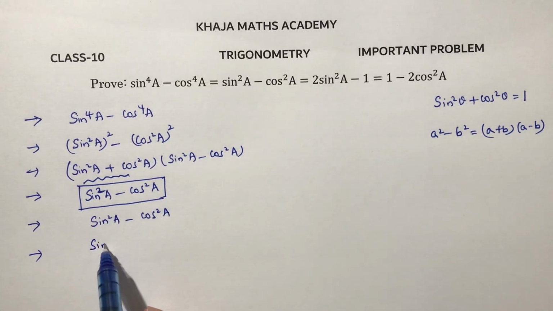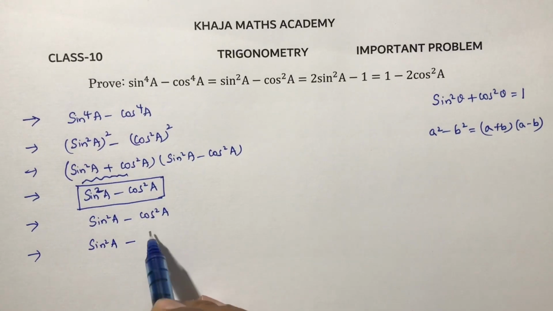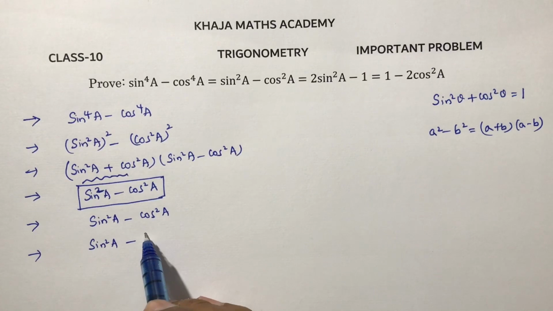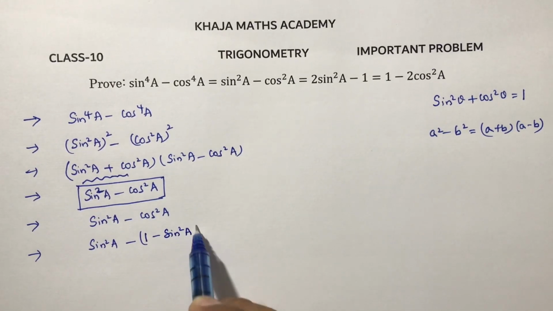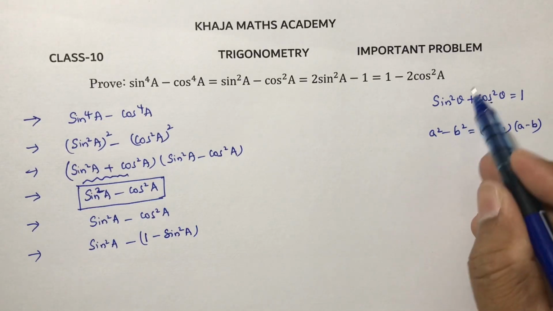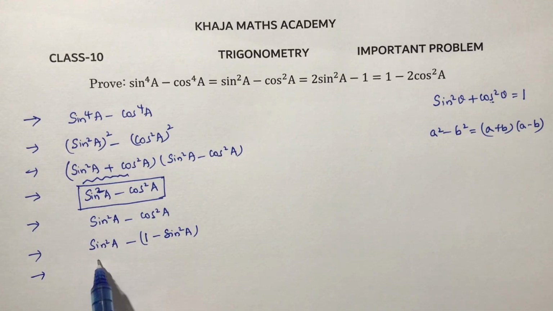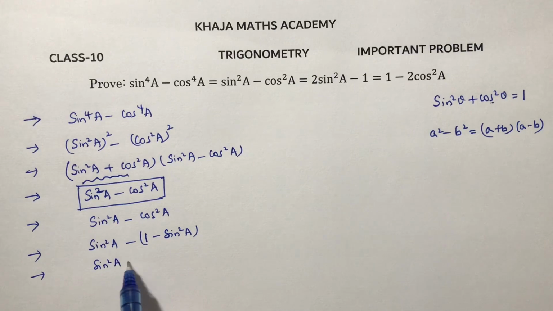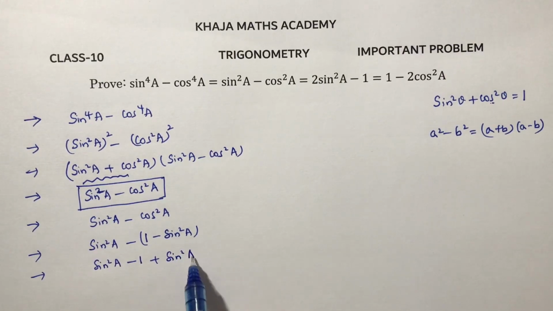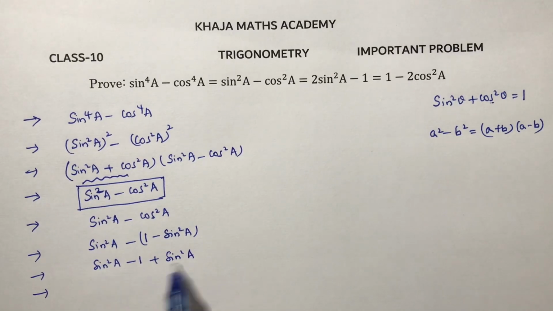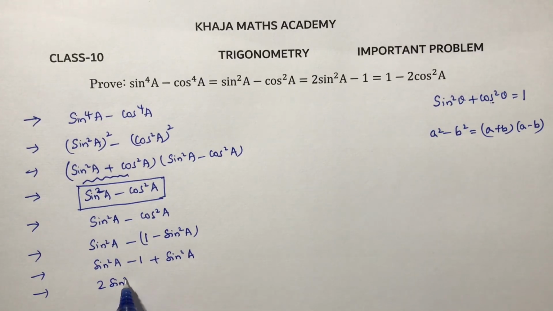Sin square a minus this cos square a, you can write as 1 minus sin square a, because cos square theta is 1 minus sin square theta. So sin square a minus 1, minus into minus plus sin square a, and sin square it is 2 sin square a minus 1.